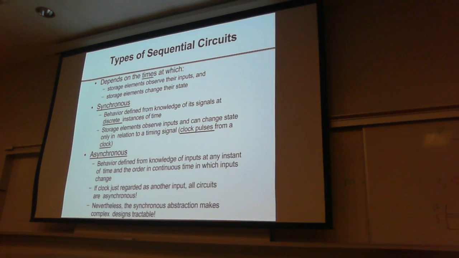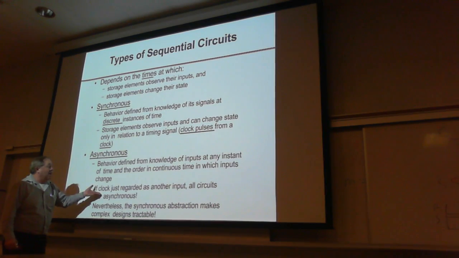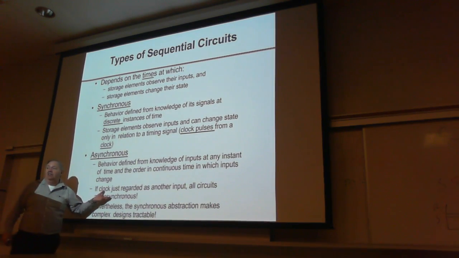The other type of sequential circuits are those that are said to be asynchronous. That is, given any input values, it is going to generate some results. By the way, one of those input values could be the clock, or not, okay?